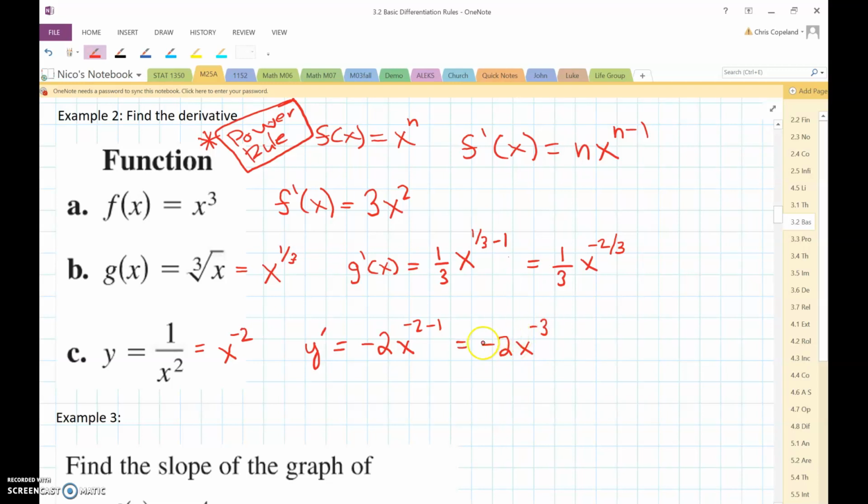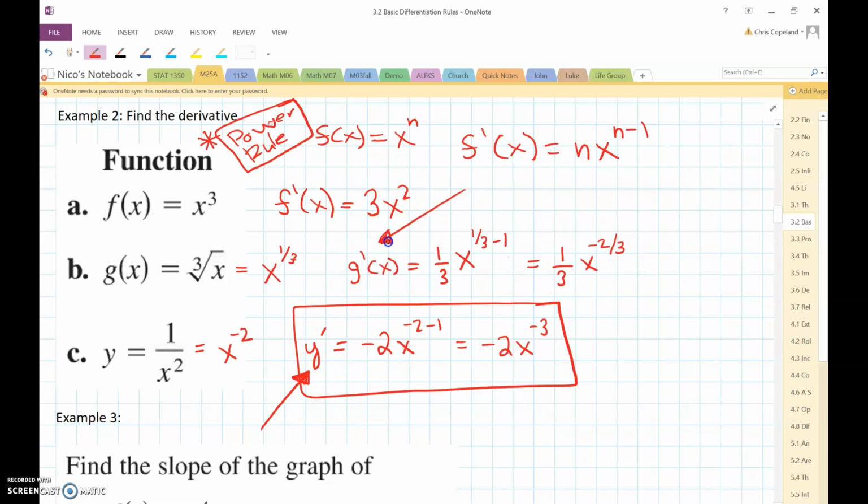Again, I'm fine if you leave it with the negative exponent here. Notice that I'm using the proper notation here, that I'm indicating I'm taking the derivative. I use this y prime. Same thing here. It's important to use proper notation.